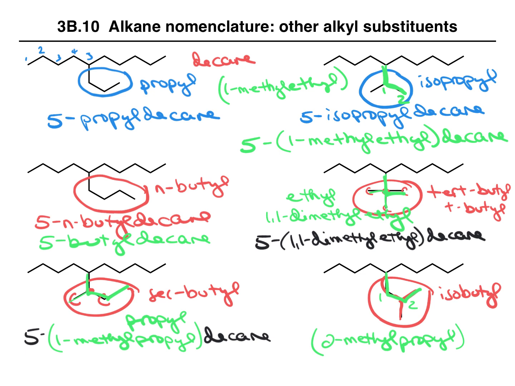Now, when it comes to these substituents, I like isopropyl, I like T-butyl. I am never going to use propyl or N-butyl or sec-butyl or isobutyl. And I'm not going to use the full IUPAC names either. So if you have a problem from the textbook, then you might have these branches.